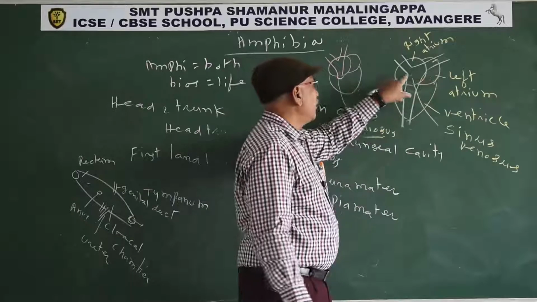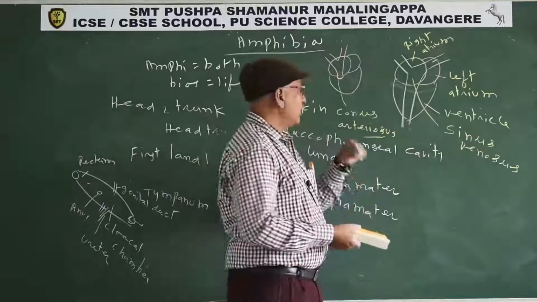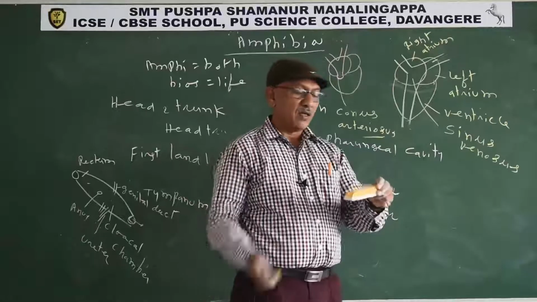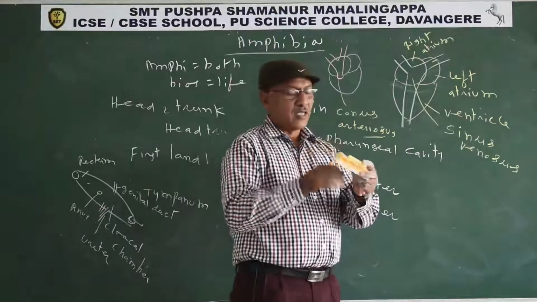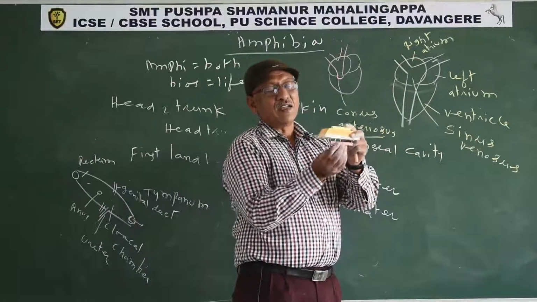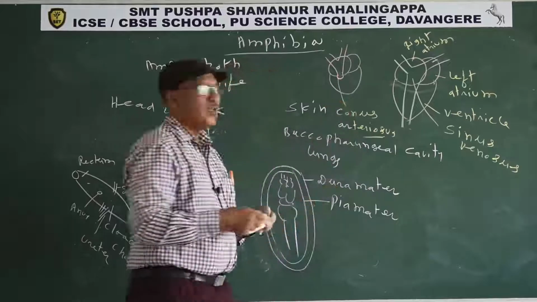Heart is 3-chambered: right atrium, left atrium, ventricle. On the dorsal surface of the heart an additional chamber is present, known as sinus venosus. On the ventral surface of the heart another additional chamber is present, conus arteriosus.